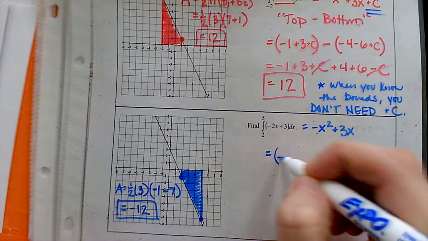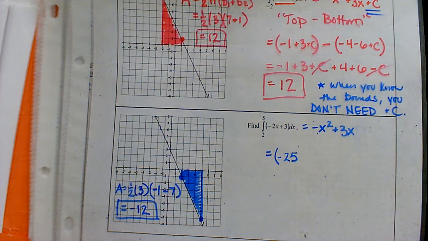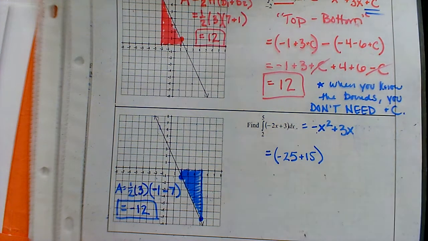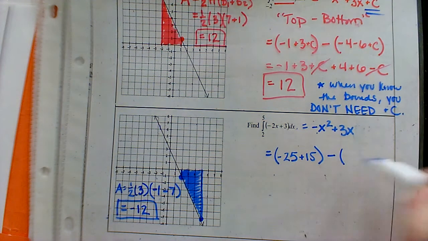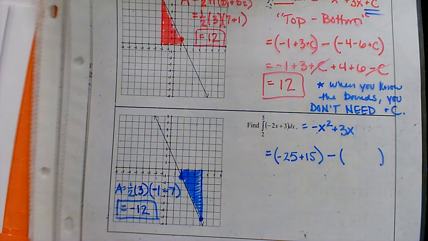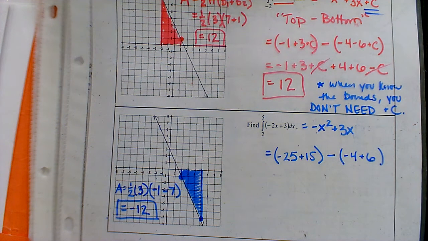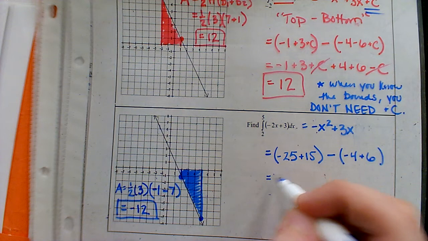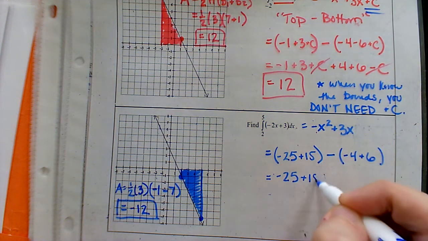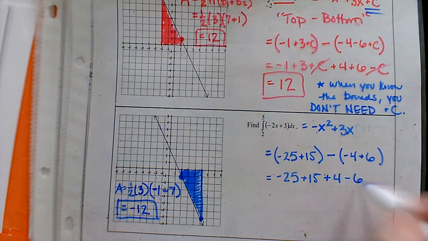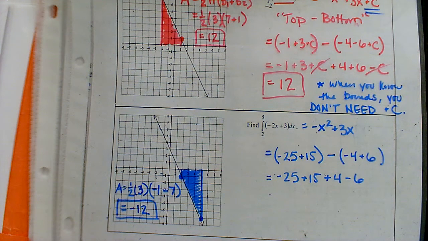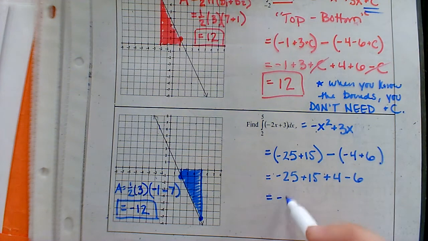If we plug in 5, we'll have -25 plus 15. And we have to subtract what we get when we plug in the bottom bound. We have -4 and then a +6. So distribute in that minus sign, it'll change the last 2 signs. We still get -12. Checks out.